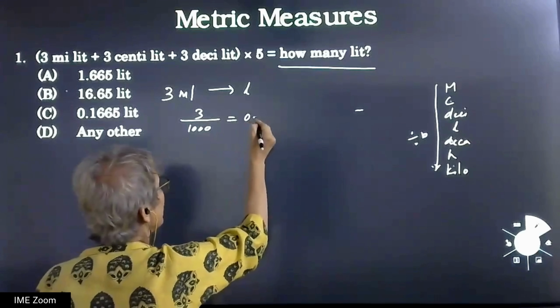Now let us multiply this by 5. 5 3s are 15. Carry 1, 5 3s are 15 plus 1, 16. Carry 1, 5 3s are 15 plus 1, 16. Now let us use the multiplication of decimal fractions. How many digits are there after decimal? 3. So from the right side, we have to skip 3 places, 1, 2, 3, and put the decimal point. And these are now our liters. 1.665 liters. We got the answer. Our answer is A, that is first answer.